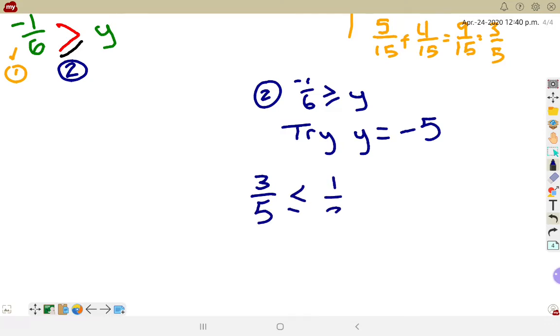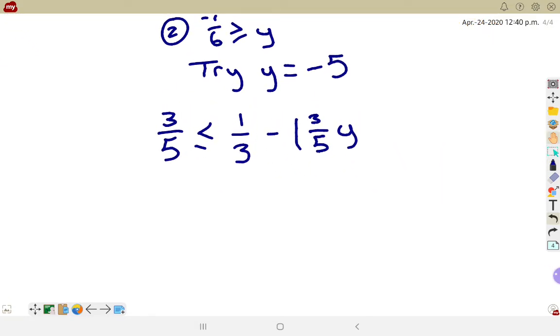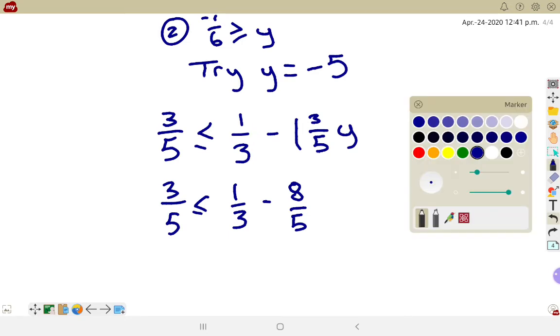It's minus, and we've got 1 and 3 over 5 y. Now I'm going to change this so that instead of working with y, I'm working with -5. So it's 3 over 5 should be less than or equal to 1/3 minus 8 over 5, and instead of writing y, I'm going to write -5.